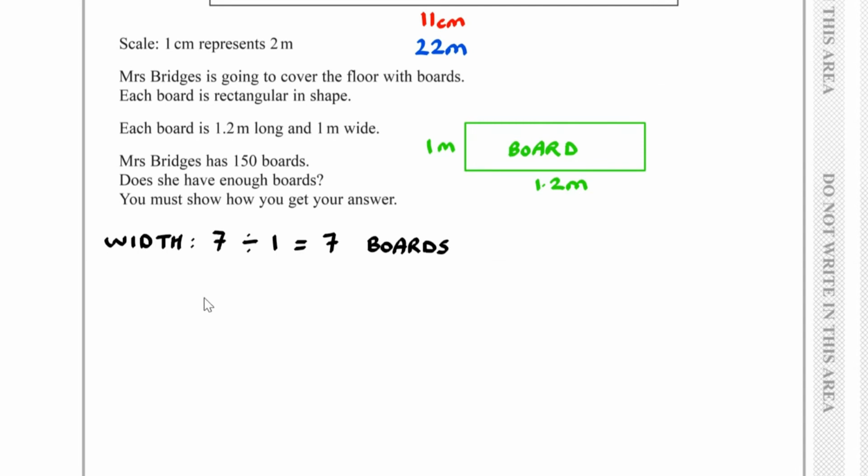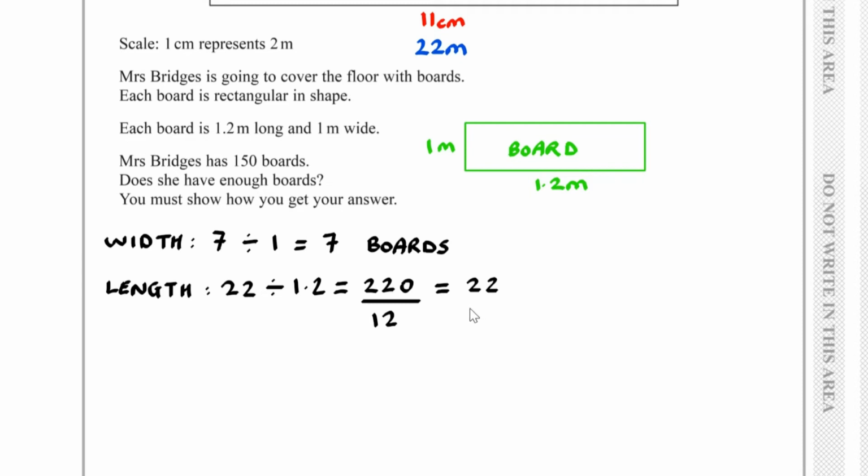and in terms of the length, what we would have is 22 divided by 1.2. So if I work this out, this is the same as 220 over 12, and let's see if we can simplify this.